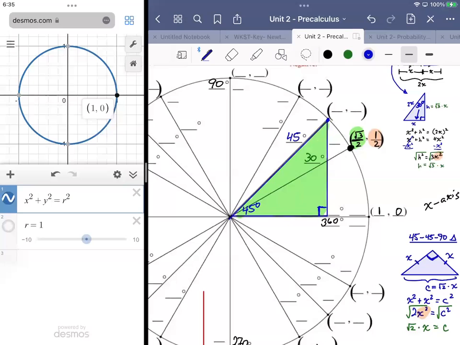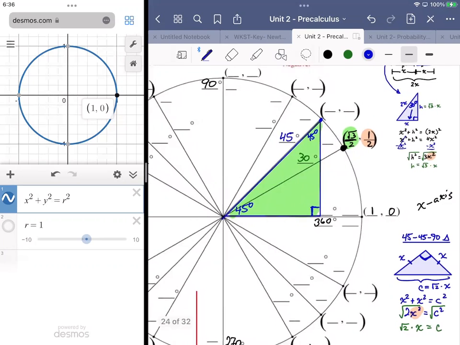The other one, because all three angles have to add up to 180: I got 90, I got 45, that gives me 135. Subtract from 180, the missing angle has to be 45 degrees. So I have that taken care of. And I also know that the two legs of this triangle have to be valued at x, with the hypotenuse being radical 2 times x.